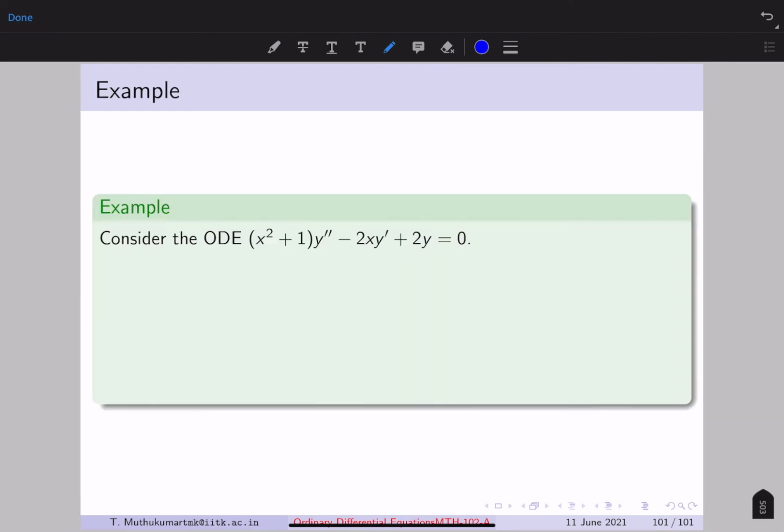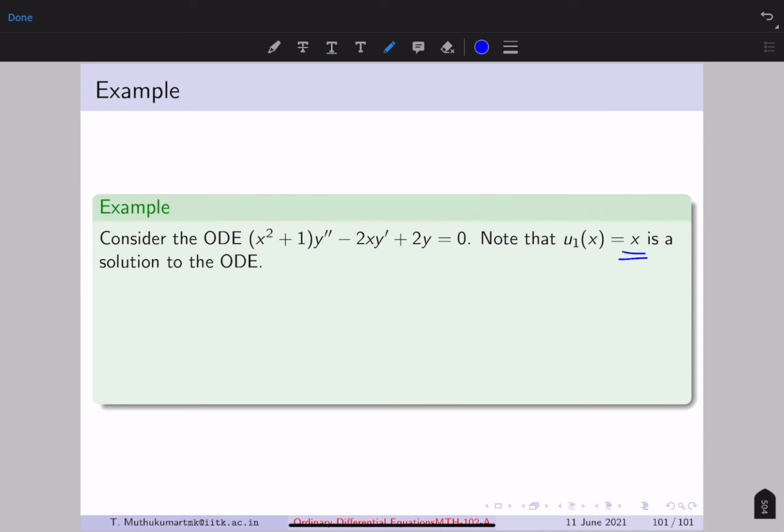Okay, so let's do an example. With that we will be done. Let's take this ODE. This is a linear ODE with variable coefficients. Now you can verify that the function x is a solution to this ODE.